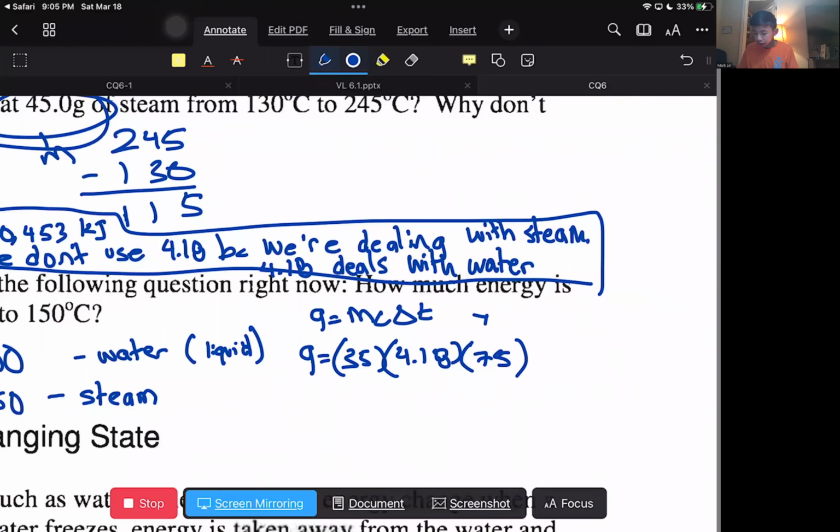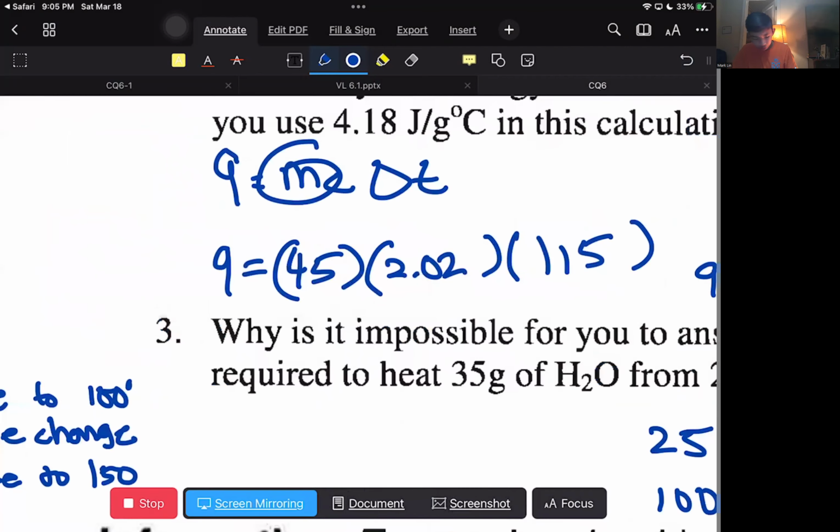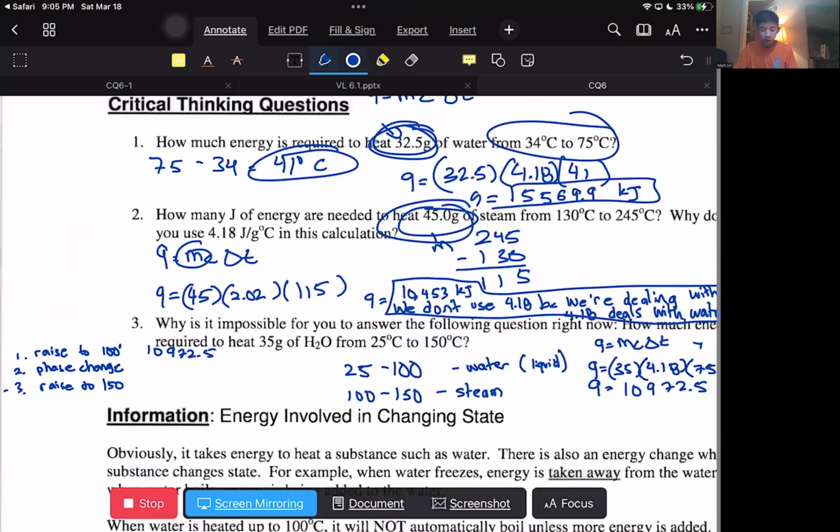Hopefully I'm not going too fast here. So 35 times 4.18 times 75. Q is going to be 10,972.5. So now the phase change.